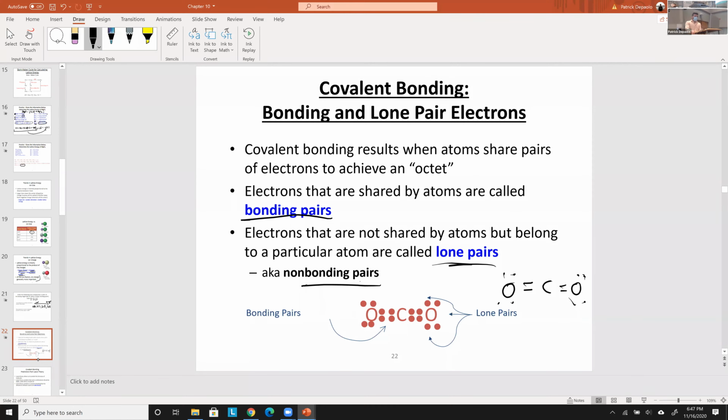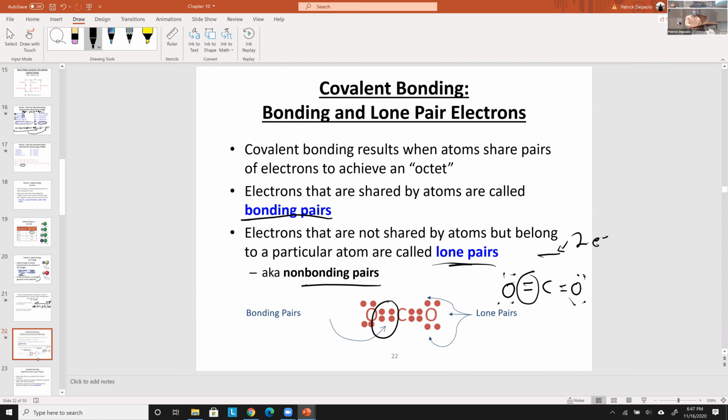Now, what this means is that each one of these bonds, the line, L-I-N-E, the line represents 2 electrons, represents 1 pair of shared electrons. So if you have 2 lines, that represents 4, because it's 2 pairs of shared electrons, and that's a double bond.